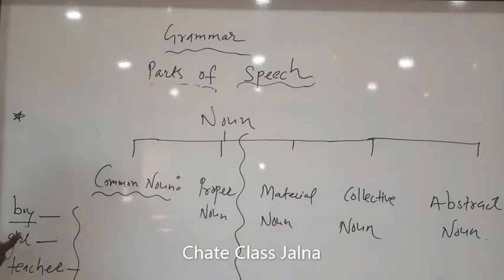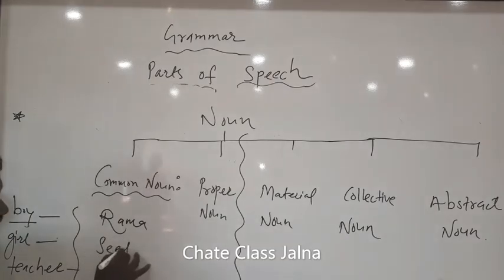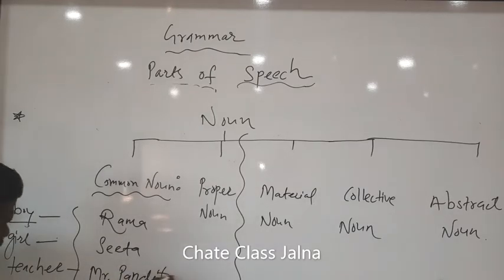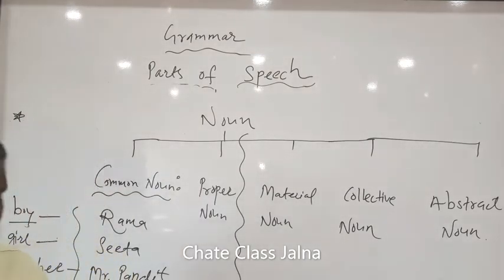But if particularly I write the name in front of this boy as Rama, girl as Sita, teacher as Mr. Pandit, river as Godavari, city as Aurangabad. Now see the difference over here.